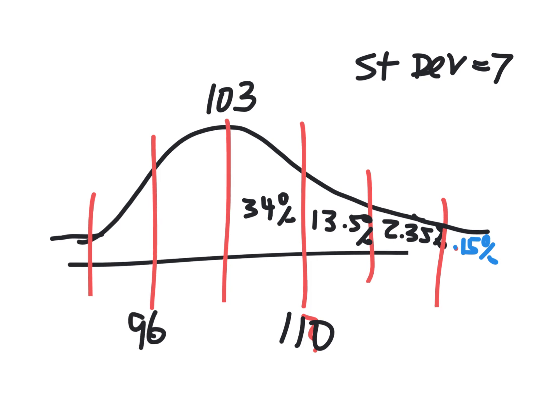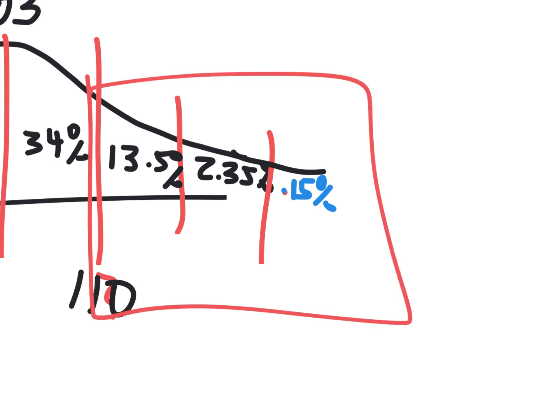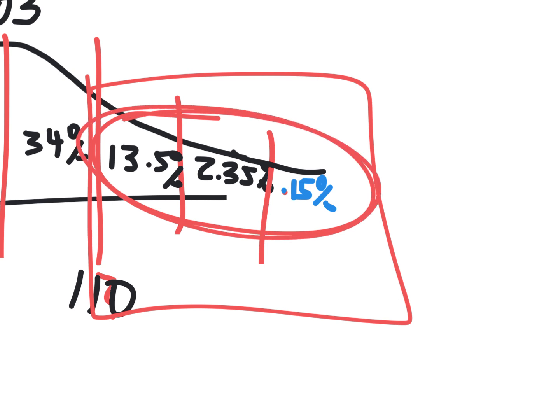If I said, what percent of people are at 110 or above, you'd go, okay, well, I'm just going to add up all of those. That plus that plus that. That's what percent of people are at 110 or more. 13.5 plus 2.35 plus 0.15.